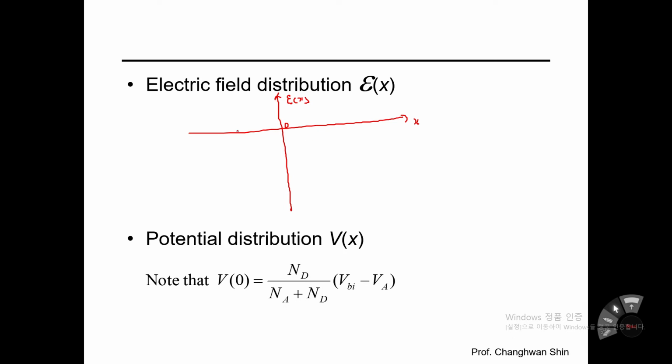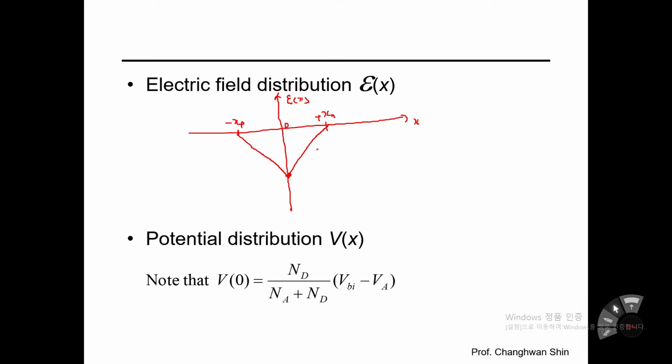And as we have learned, a certain amount of depletion layer has been formed already, and electric field has been formed, and its peak value, the maximum electric field intensity, can be found and observed at the metallurgical junction or physical junction.